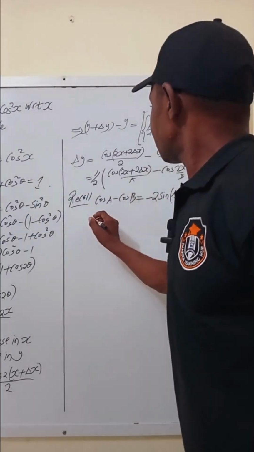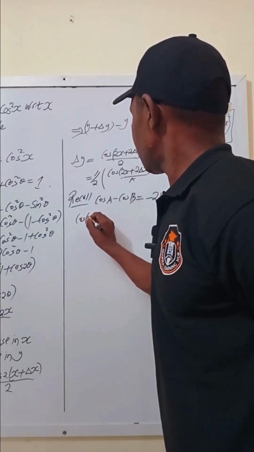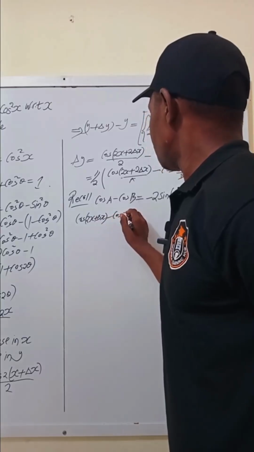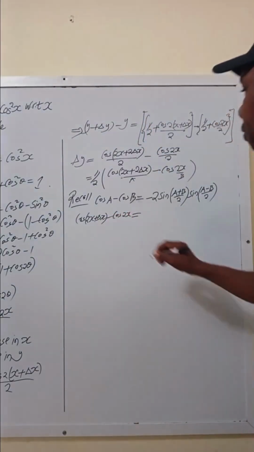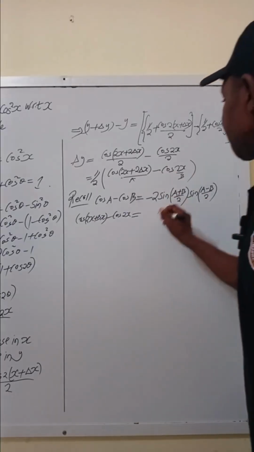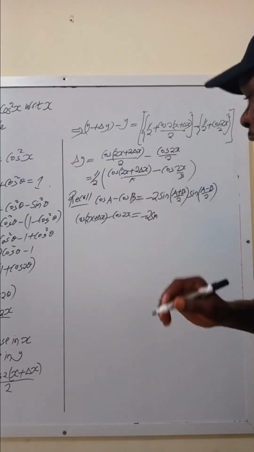So this one will give us that now our cos 2x plus delta x minus cos 2x. This expression now will become, let's look here, it will be negative 2 sine. Okay, hope you're paying attention here.